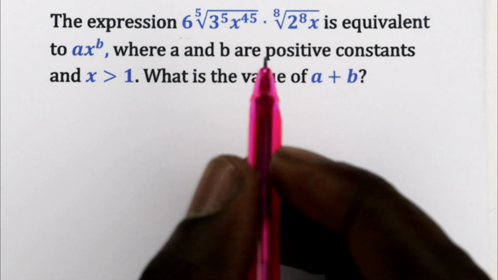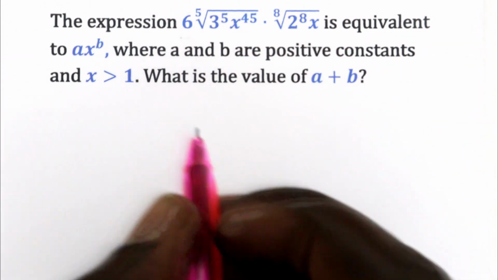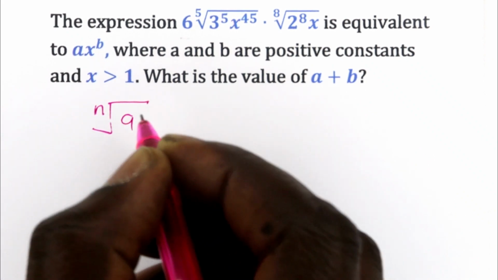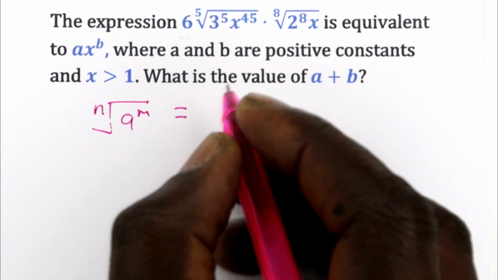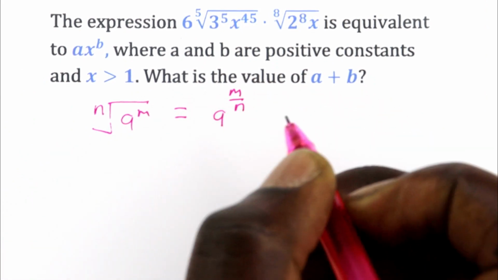So we just need to apply the laws of indices to rewrite this expression. Remember that the nth root of a number a raised to power m is given by a raised to power m over n.